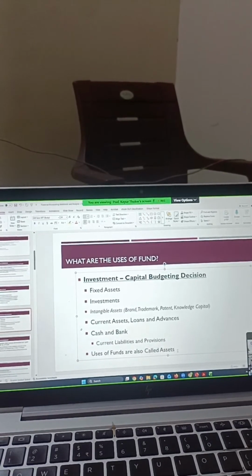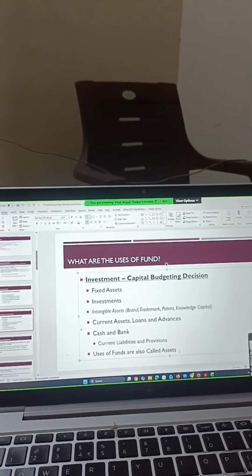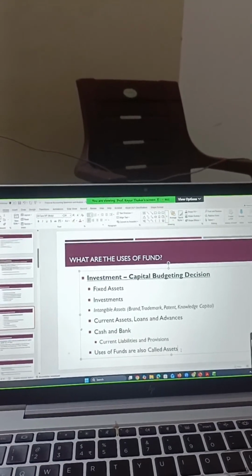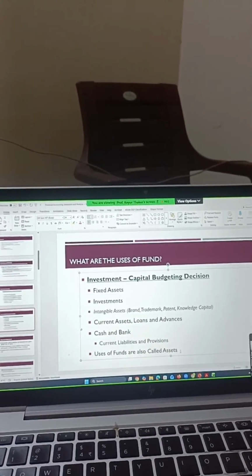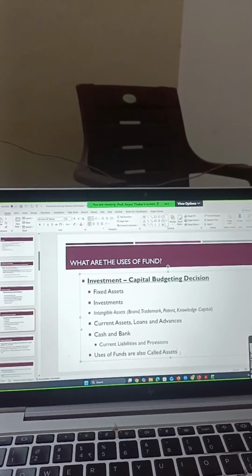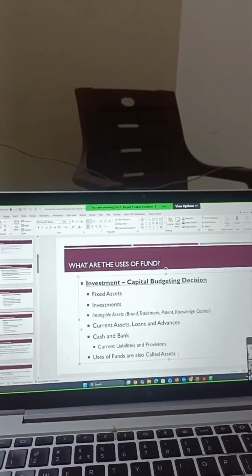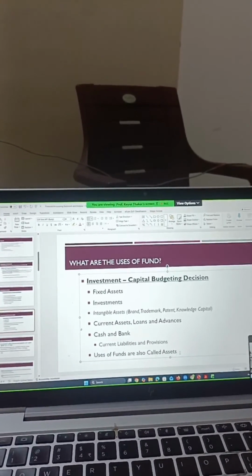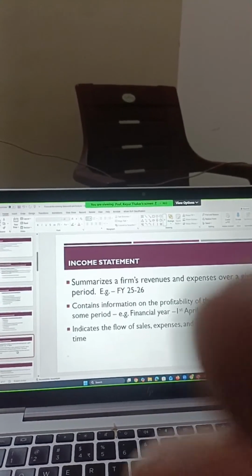A license, a patent, an intangible, or land, building, plant, machinery and technology are all assets. Where you have used the money, you have created assets, and those assets in turn help the firm create revenues and operating cash flows and ultimately enhance the future value of the firm.